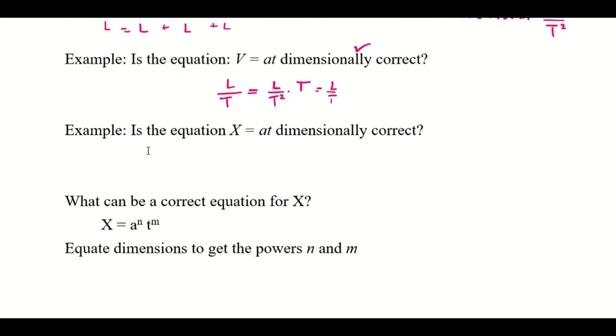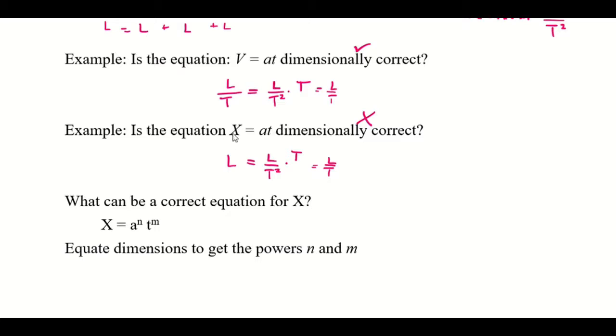Now, as another example, is this equation dimensionally correct? So L is a distance, acceleration is a distance over t squared, and t is a time, which is t, and that becomes L over t. Okay, so the left-hand side is L, the right-hand side is L over t. It is not dimensionally correct.